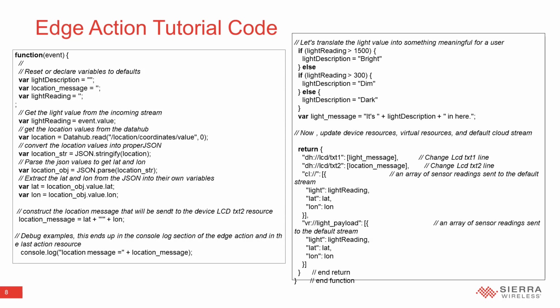And then we'll write to a cloud stream, the payload with our light reading, our lat, and our long. And we'll also write the same thing to a virtual resource that we could store on the device. This can be used for comparisons, making decisions, etc. And then the function ends.